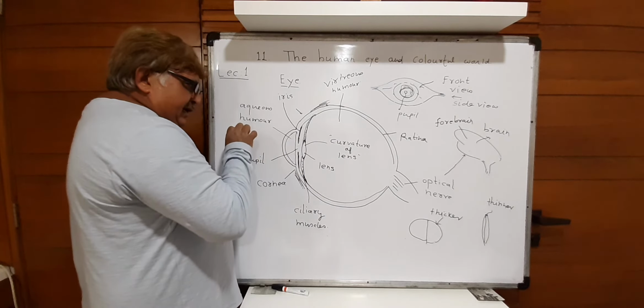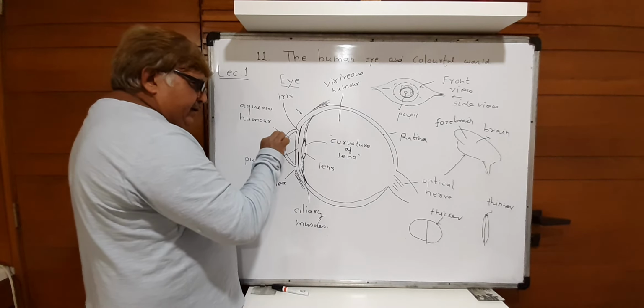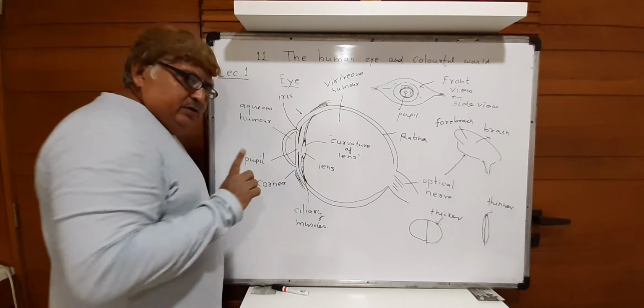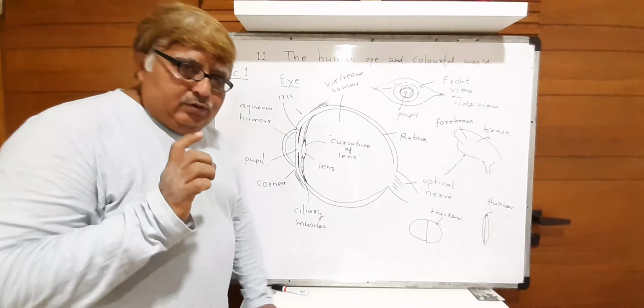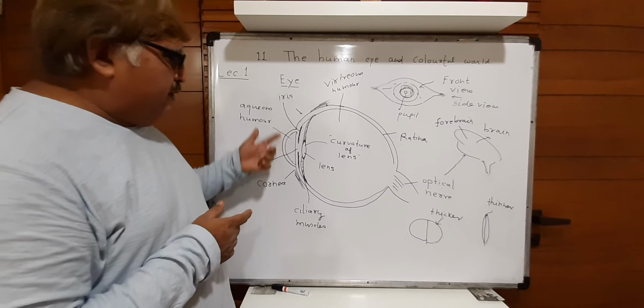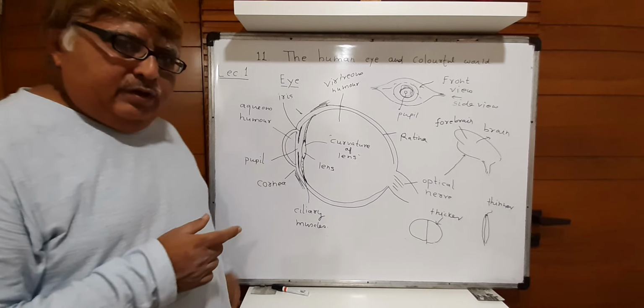Okay. Light ray falls on the cornea, aqueous humor, through the pupil, through the lens. What is actually the role of the lens then? I told you that 90% of refraction takes place through the cornea only.